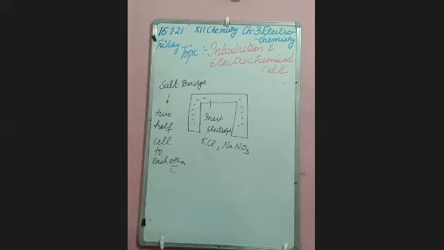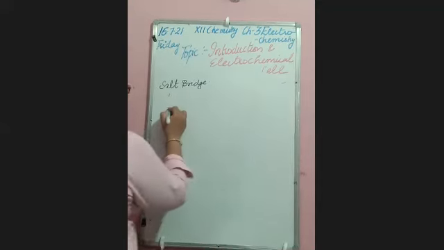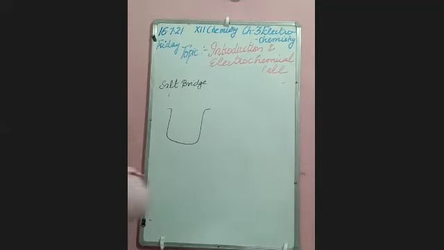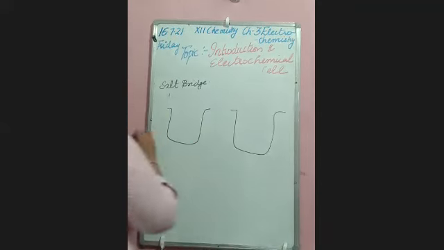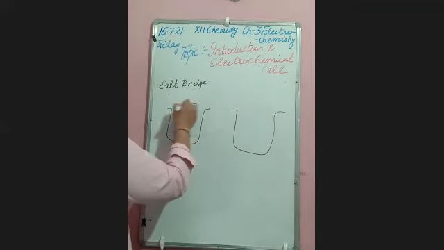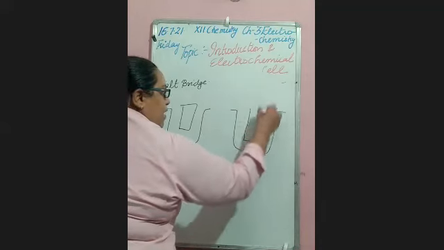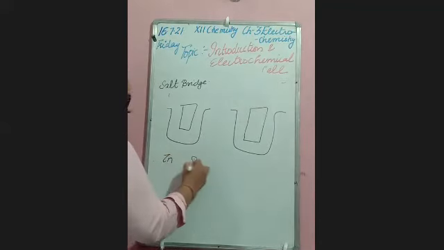What is its function? It connects two half cells. Suppose this is your oxidation half cell and this is your reduction half cell. I am taking the example of zinc and copper.